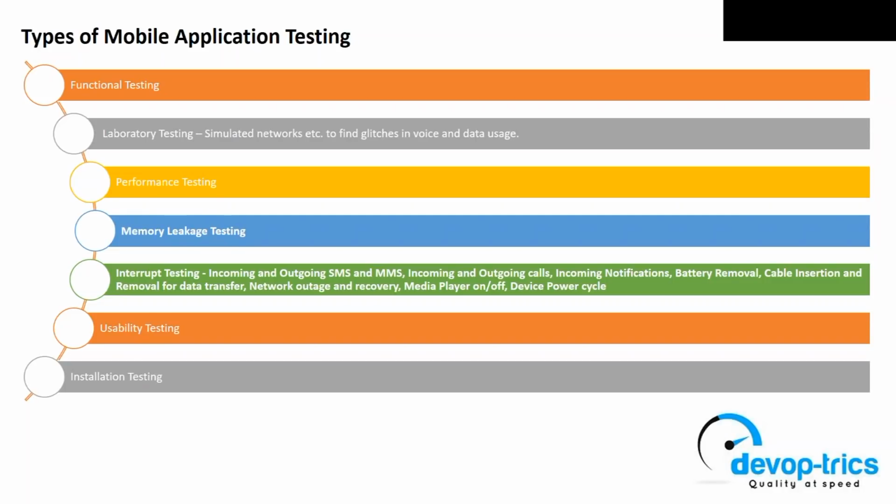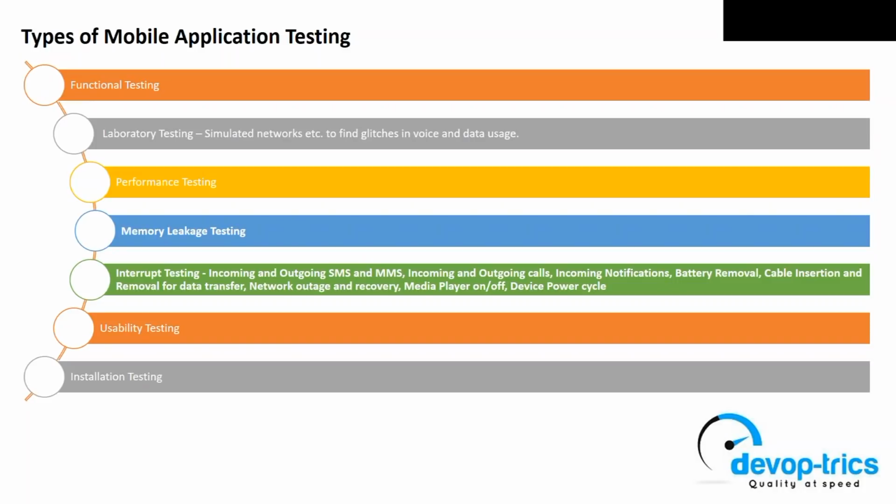Many apps support this kind of functionality, which helps increase their consumer base also. So usability testing is one of the very important tests nowadays. Then, of course, installation testing is also there. These are the typical types of mobile application testing that are commonly done.